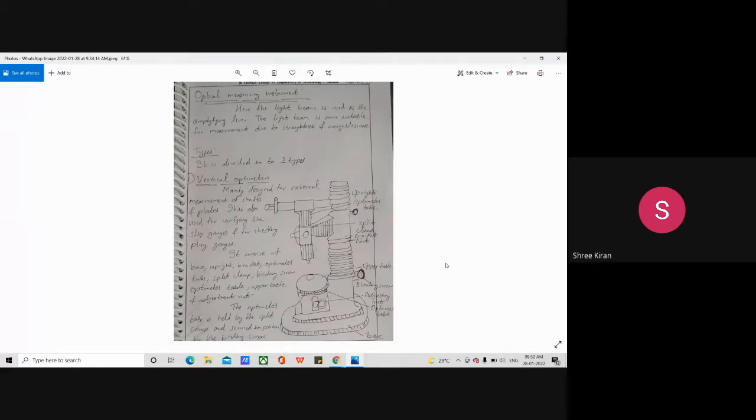So here, please note it down, we have a suitable stage or table to position the work part.